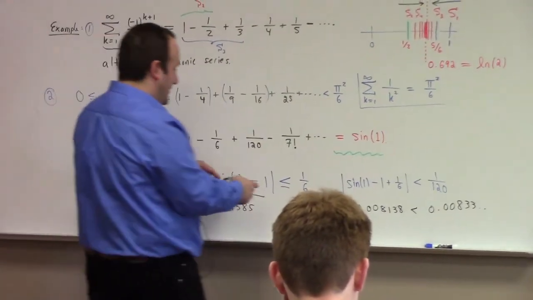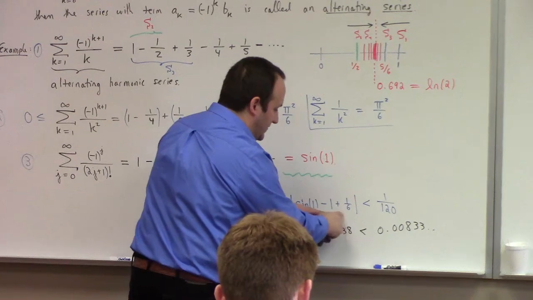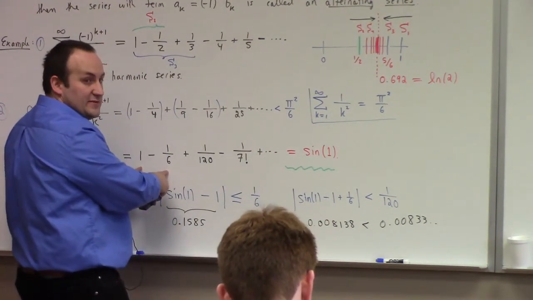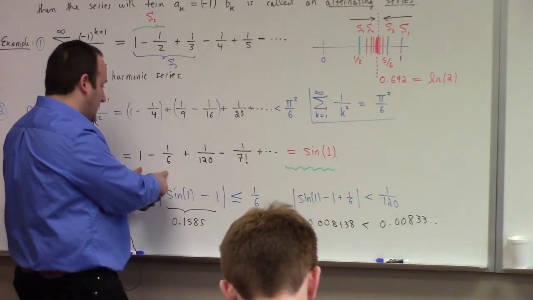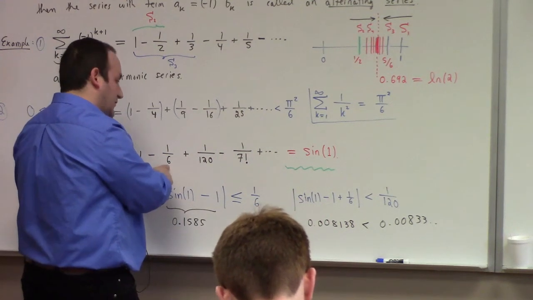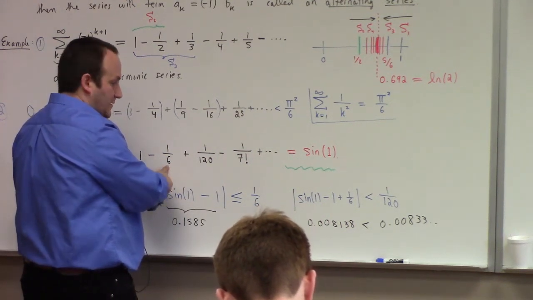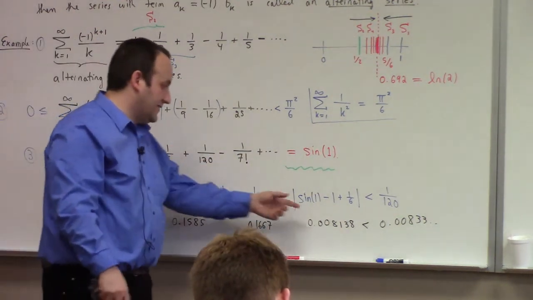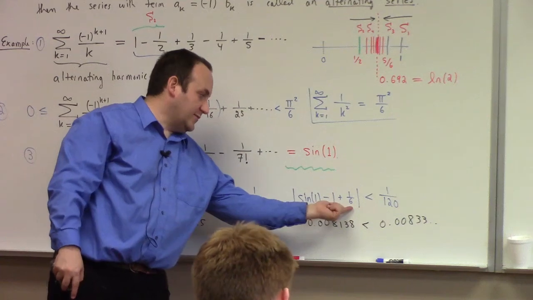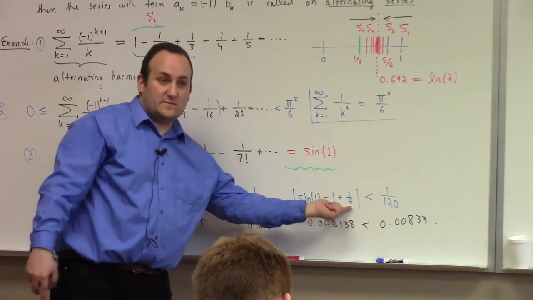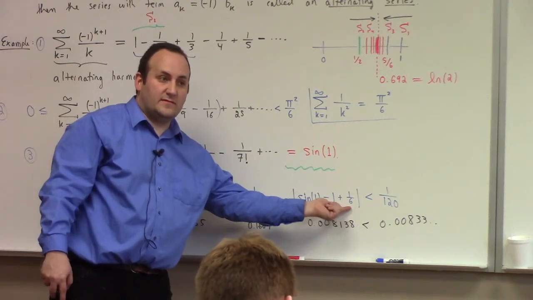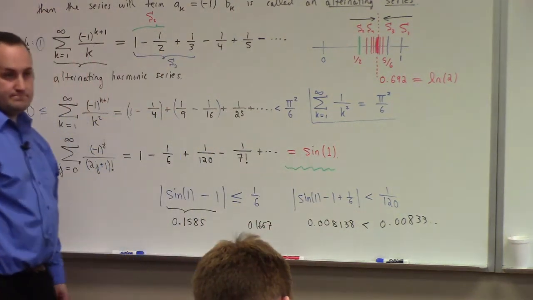Okay. And likewise, if I take sine of 1 minus 1 plus 1/6, in other words, if I use the first two terms in this alternating series, that is closer to sine of 1 than 1 over 120. It is within 1/120 of sine of 1. In other words, 5/6 is within 1 over 120 of sine of 1.